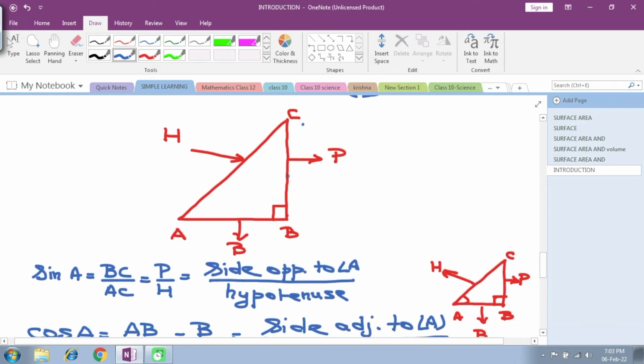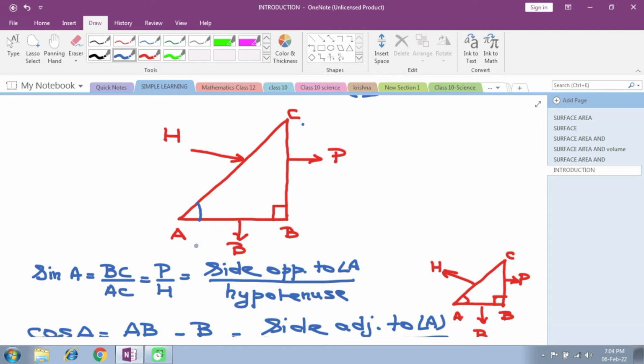Now I am considering this triangle ABC, right angled at B. I want to find the trigonometric ratios of angle A. P represents perpendicular, B represents base, and H represents hypotenuse. Now what is sine A? Sine A is sine of angle A, which is BC divided by AC.